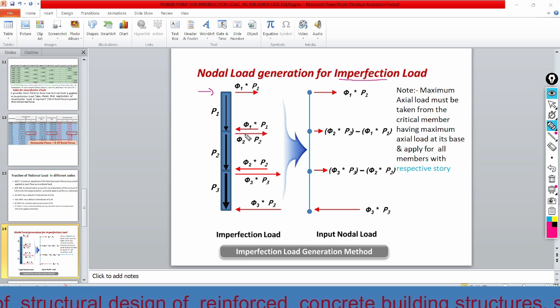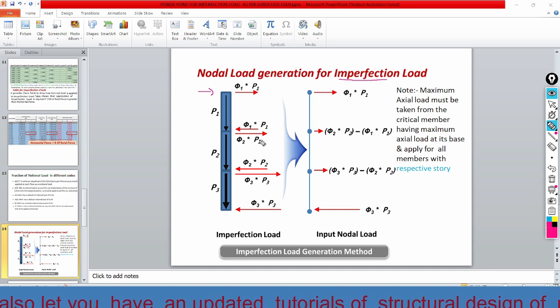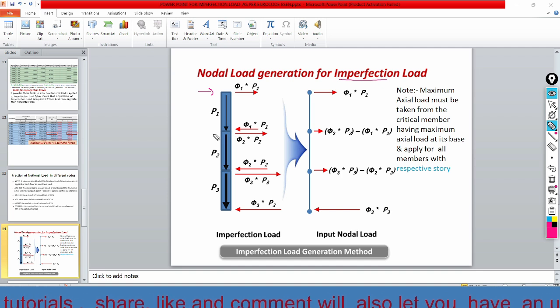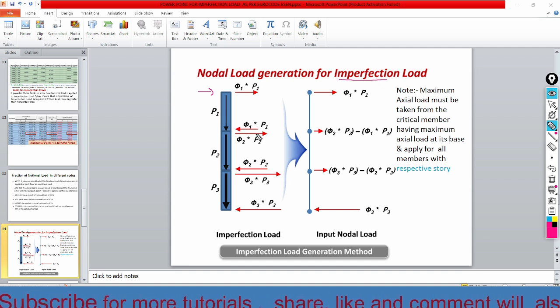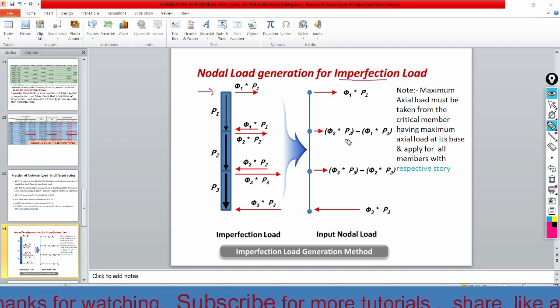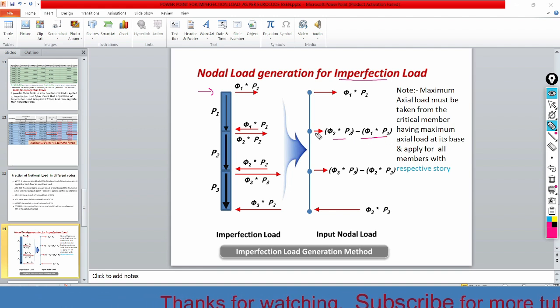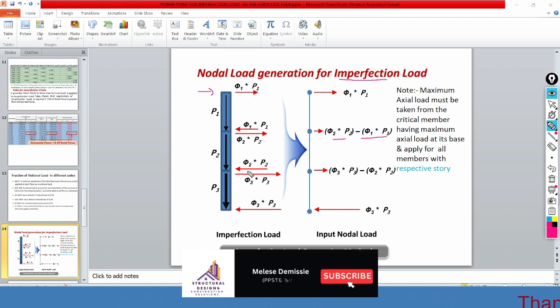And here we also have the lateral load applied at this story, that is phi 2 times P2. So the net lateral load applied at the story will be the difference of the two, that means this minus this one. We can calculate in a similar manner for this one: phi 2 P2 coming from the top.